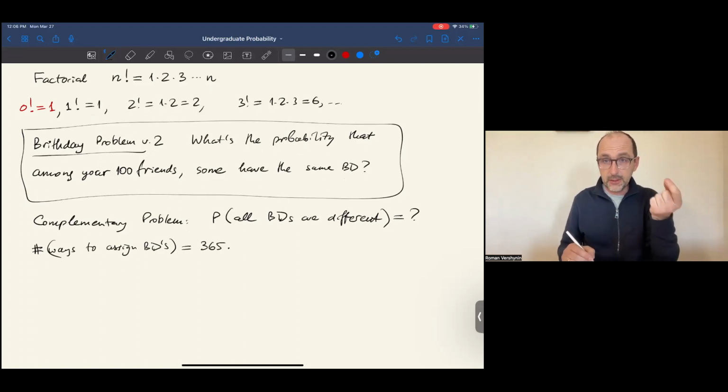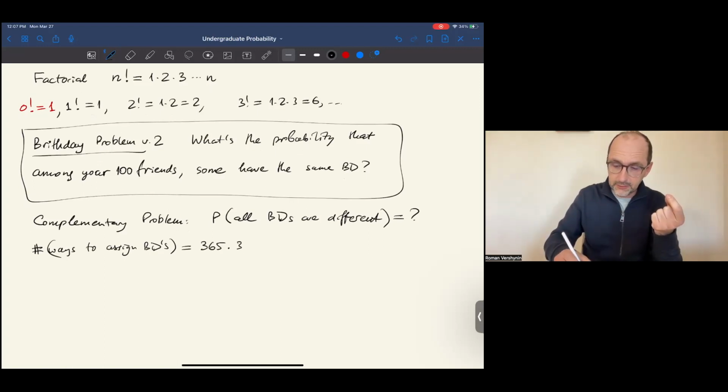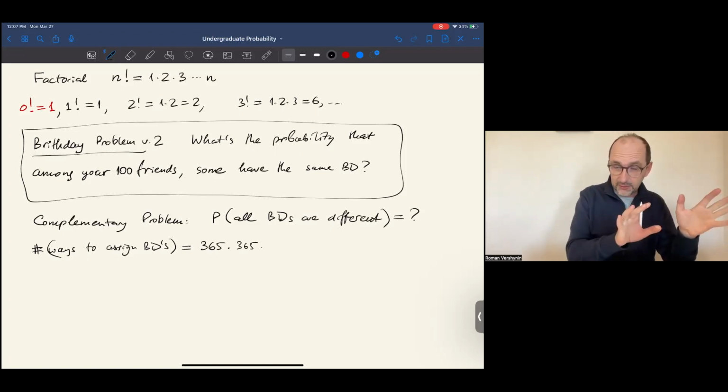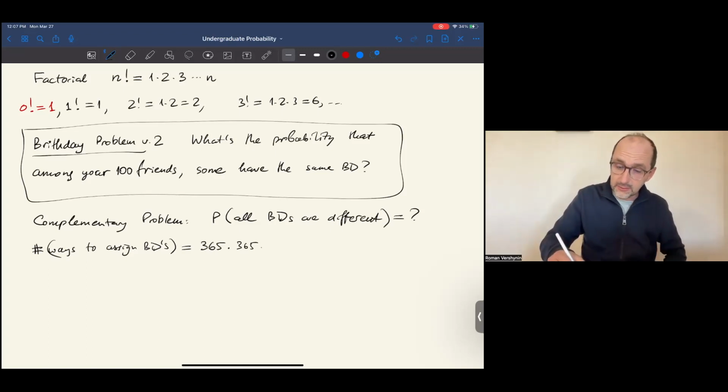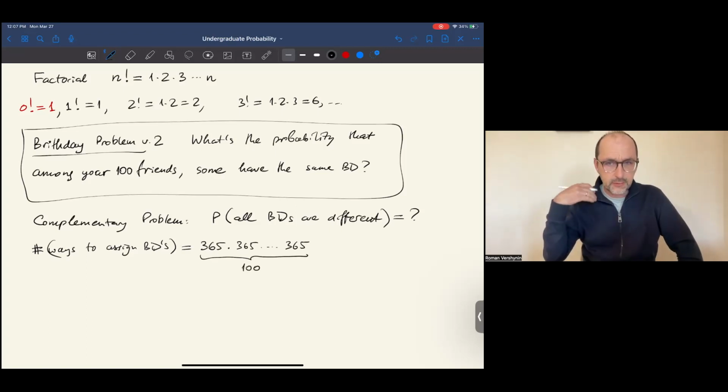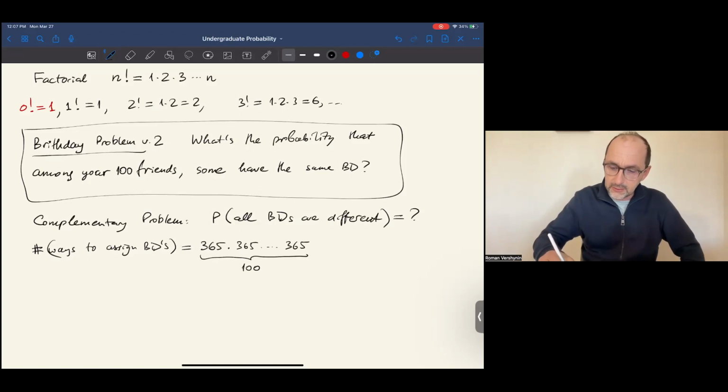Regardless of that, once we do that, there are still 365 ways to assign the birthday to the second friend. For any pair of birthdays for friend 1, friend 2, there are still 365 ways to select the birthday of the third friend, and so on and so forth. So the ultimate number of ways to assign birthdays to 100 friends is 365 raised to the power of 100, a huge number.